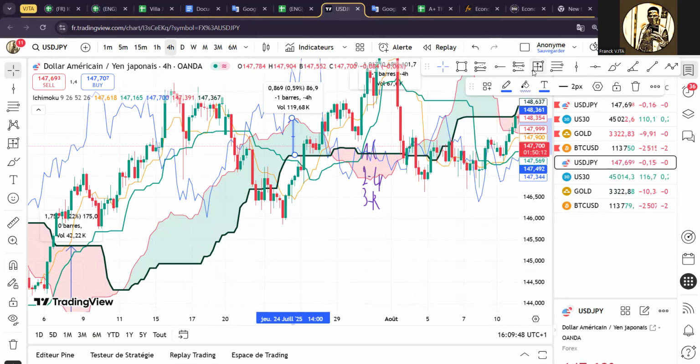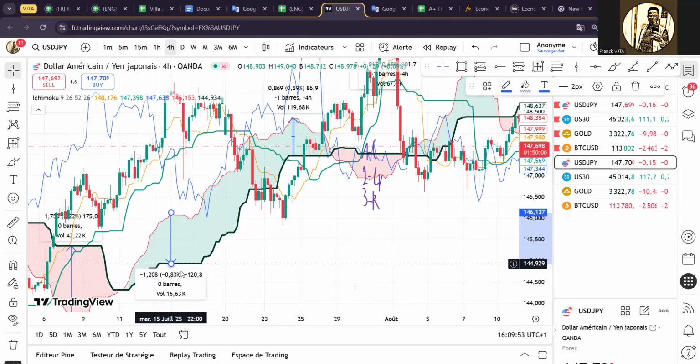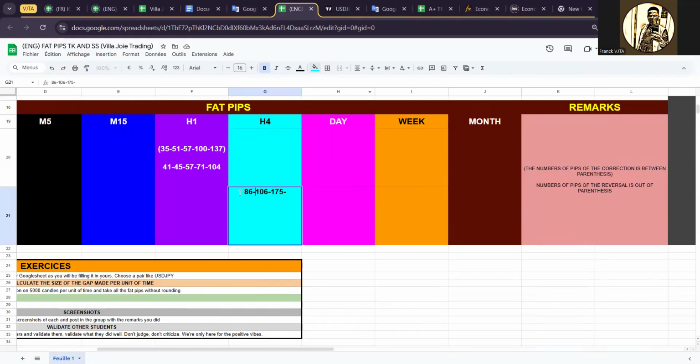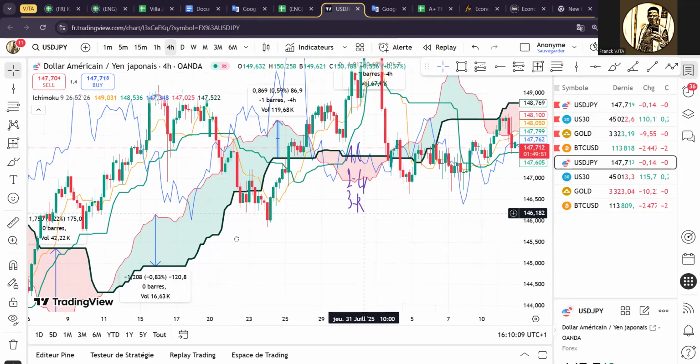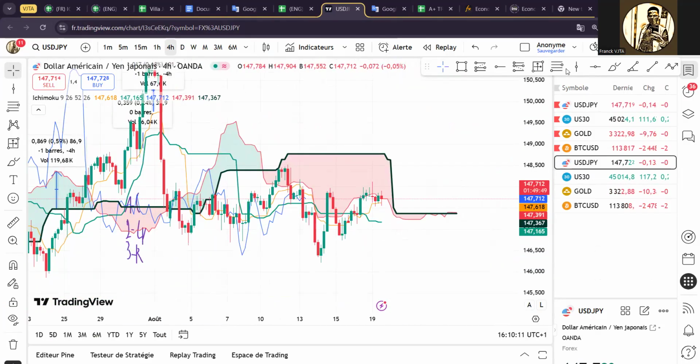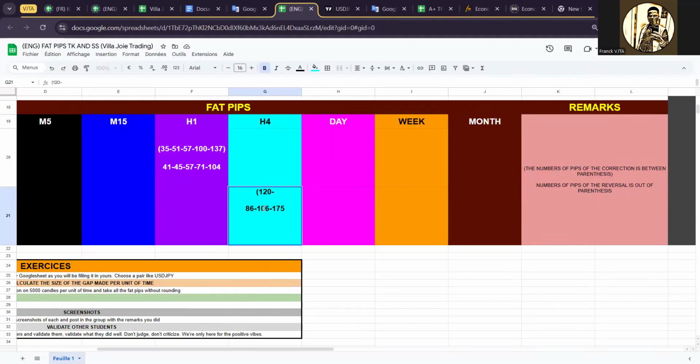Then the market also made a correction at this level, right? When you add this number of pips, 120 pips. The market also made a correction when this one was the reversal, 114.